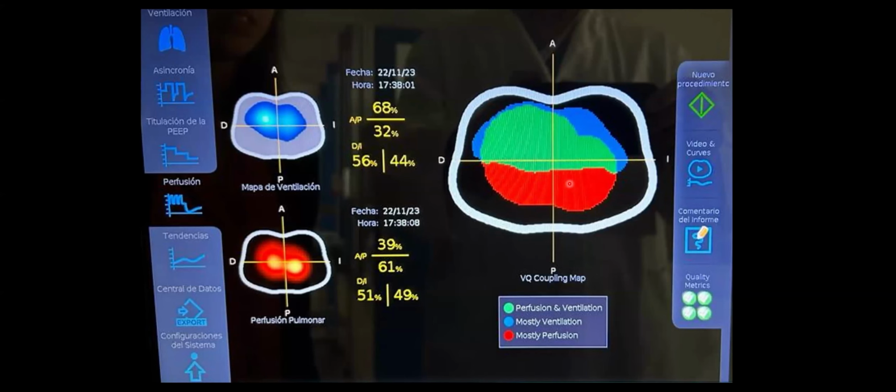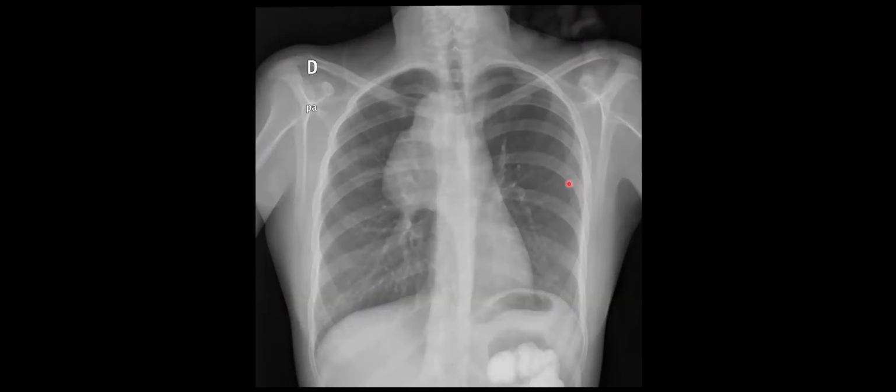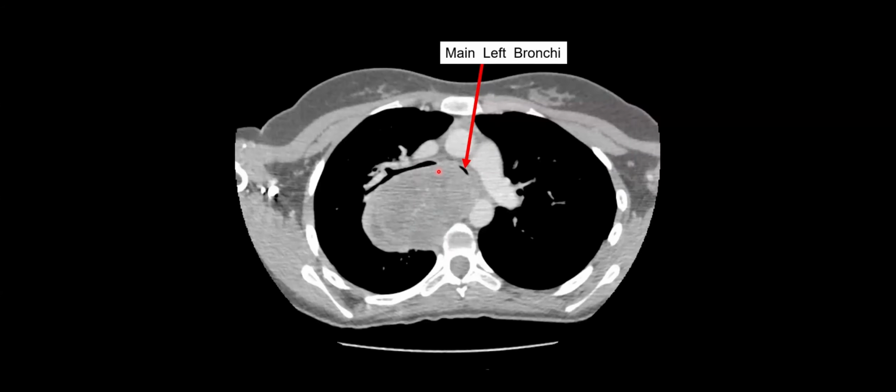We have some more clinical cases that we could discuss. This is another case of a patient with a very big tumor of the mediastinal region. I'm going very quickly through this case because I would like to allow some time for discussion.